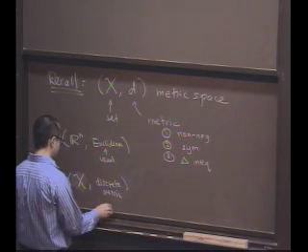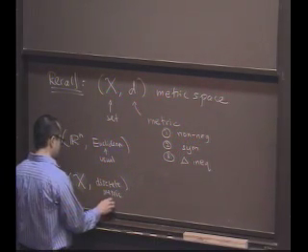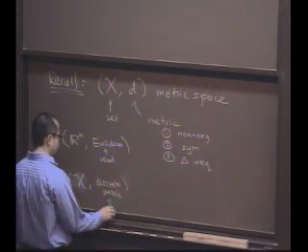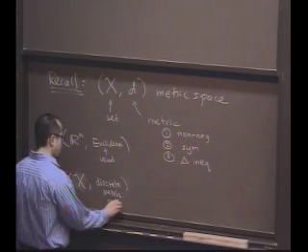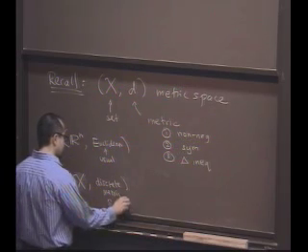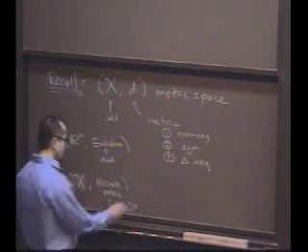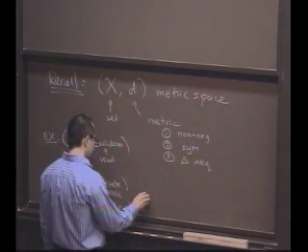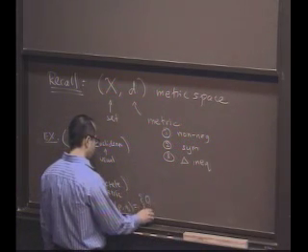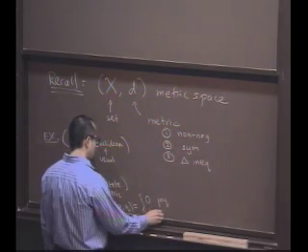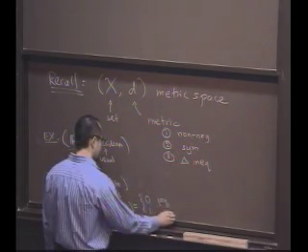I'll just make this up: how about delta? What's the discrete metric? Well, it basically says let's take the distance between P and Q to be either 0 or 1. It'll be 0 if P equals Q, and it'll be 1 otherwise.